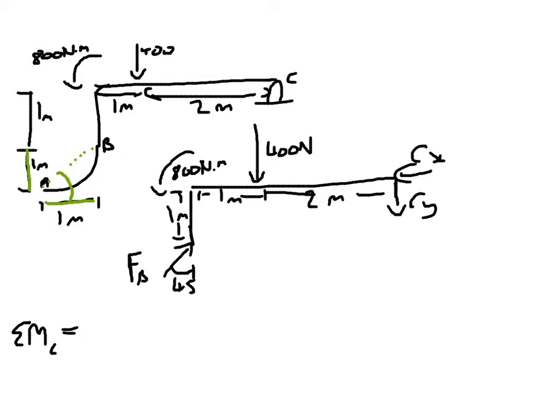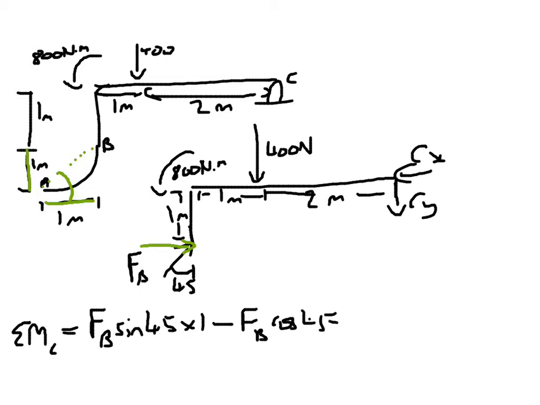So that's going to be that force times 1 metre, because it's 1 metre from C. So FB sine 45 times 1 minus FB cos 45 times 3. So that will be this component here, and it's 3 metres perpendicularly from C.